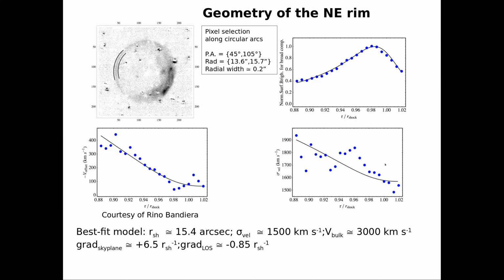And we get that the shock speed is much lower than what's inferred from the proper motion, meaning we get a shock speed of around 4,000 kilometers per second, while when we do proper motion measurements and the distance, we get, well, more than 6,000 kilometers per second.